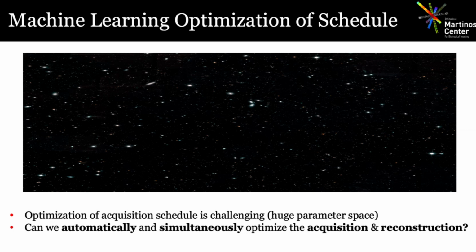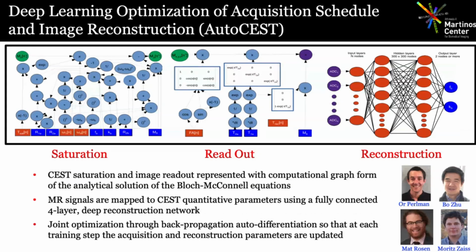That's where, in collaboration with Bo Zhao and Matt Rosen's group, they had developed something they called AutoSeq, which basically is a computational graph form of the Bloch equations to try to optimize your pulse sequence.